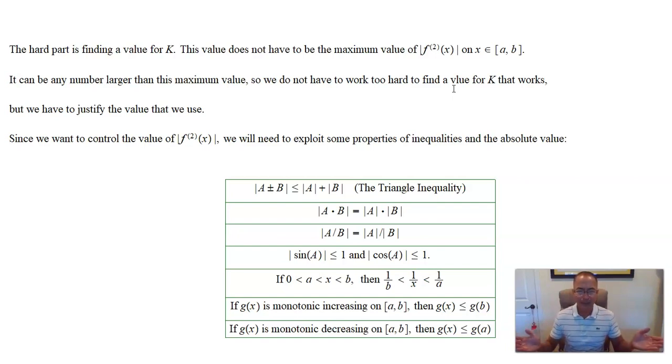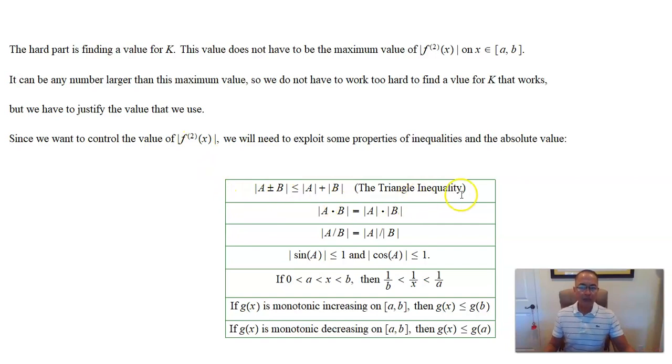That's all we need. So what we're going to do has almost no calculus involved except for monotonicity, but there is some serious math going on. Here are some tricks that can help us to control the absolute value of the second derivative.